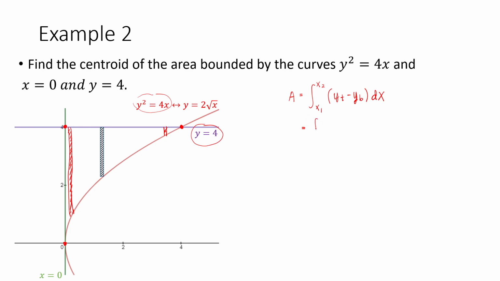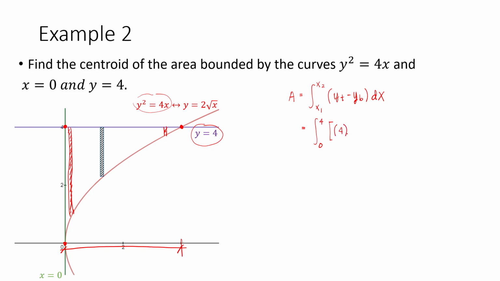So the distance is from 0 going towards 4. And then y top, again, is the purple graph, that is y equals 4. So automatically we're going to have 4 here.